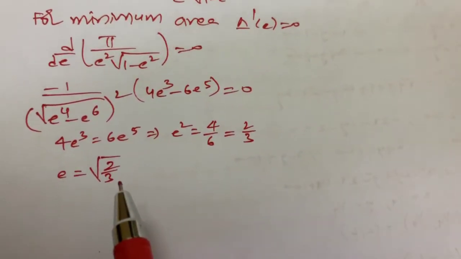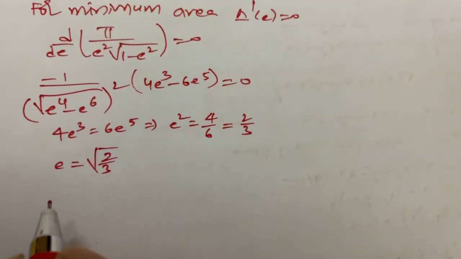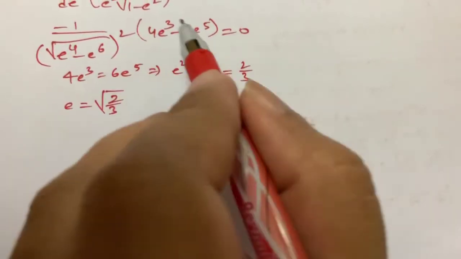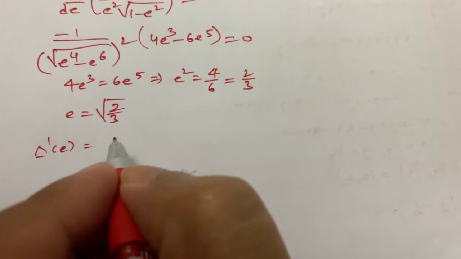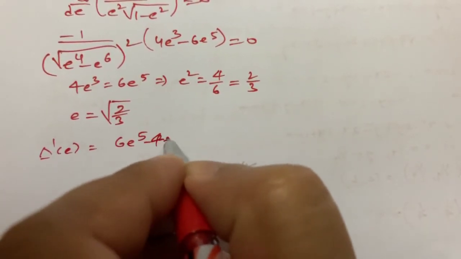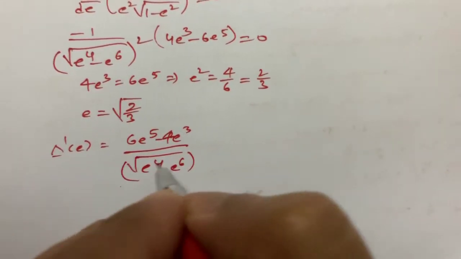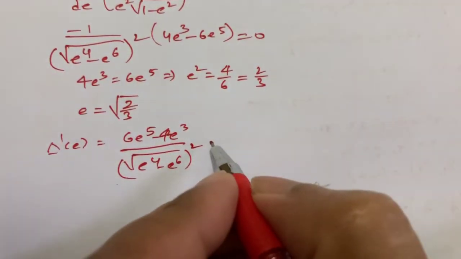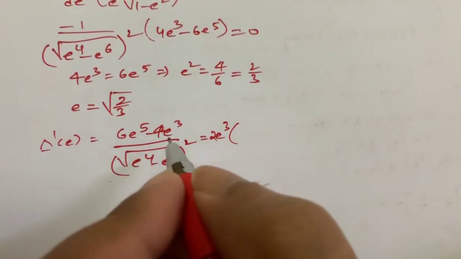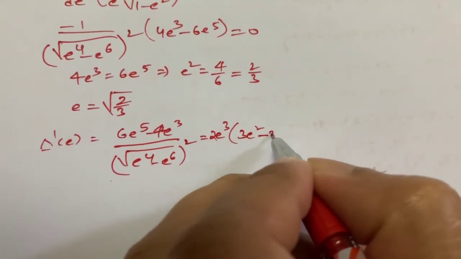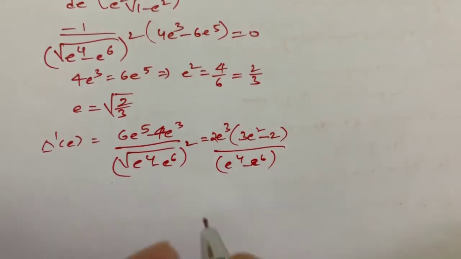So for this we should see whether the area is minimum or not. So to find the minimum area, what we do is we look at the first derivative. So delta dash of e is equal to (6e⁵ − 4e³)/(e⁴ − e⁶)^(3/2)-type expression. So this is 2e³(3e² − 2)/(e⁴ − e⁶).